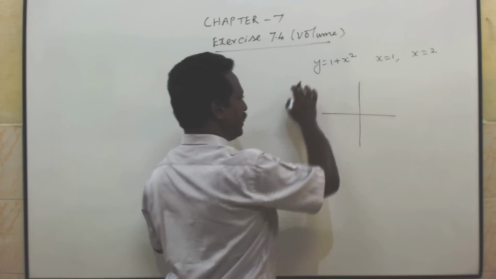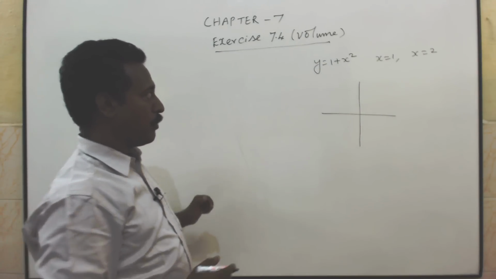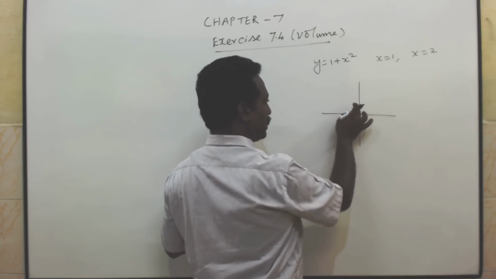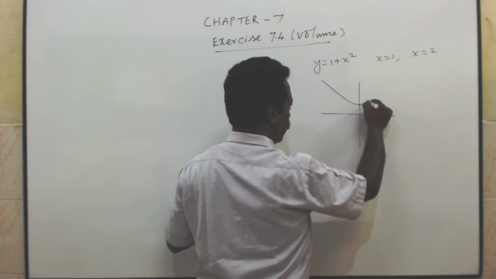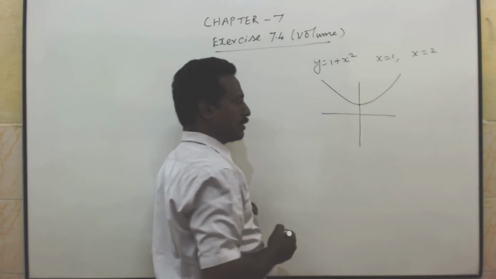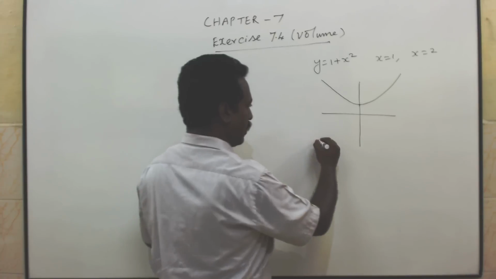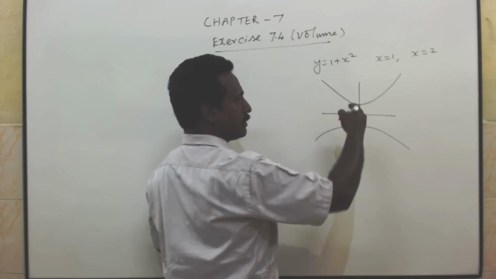So x square equal to y minus 1. It is an open upward parabola. It intersects the y-axis at y equal to 1. This is y equal to 1 plus x square. If you rotate it about the x-axis, you will get this rotation about the x-axis.